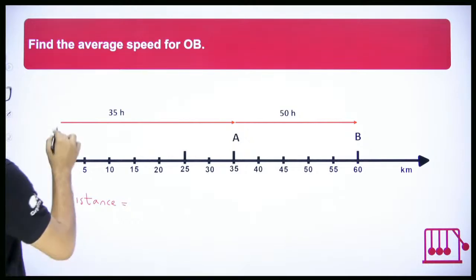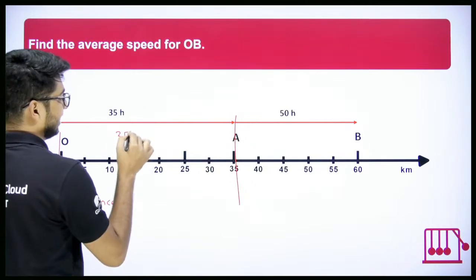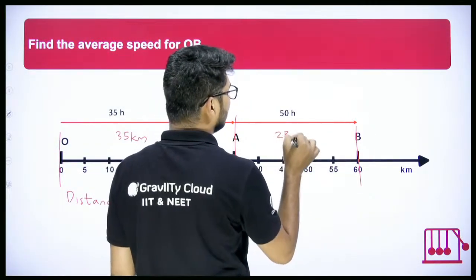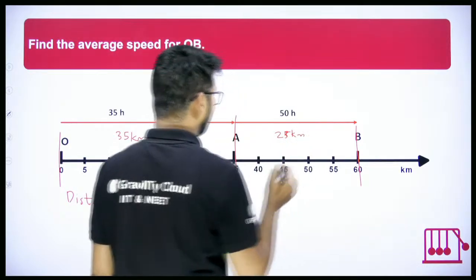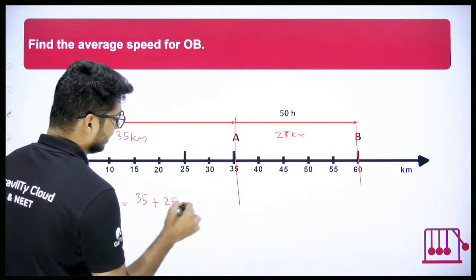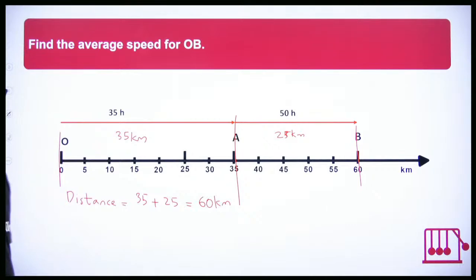From O to A, we already got it: 35 kilometers. From A to B, it is 25 kilometers. The total distance will be 35 plus 25, that is equal to 60 kilometers. This is the total distance traveled.